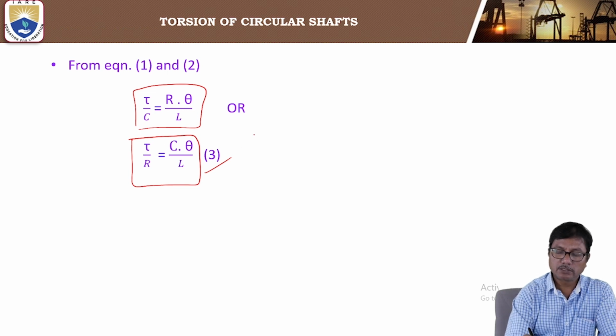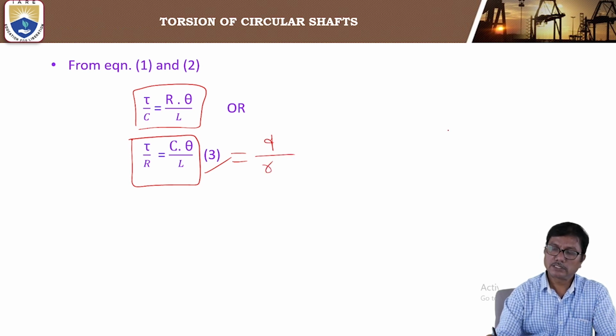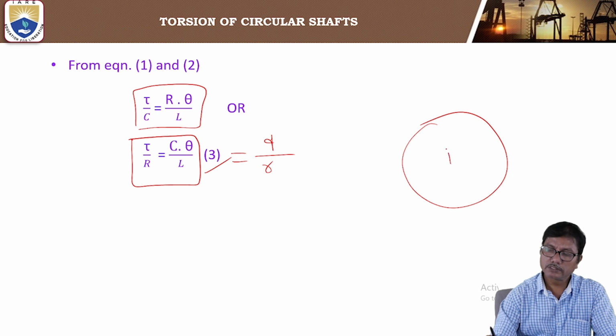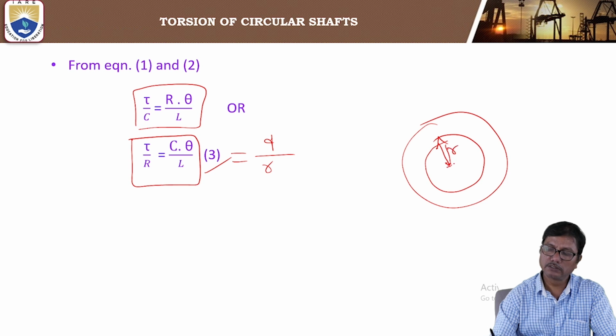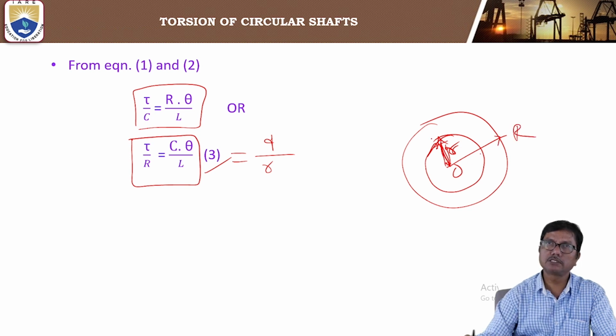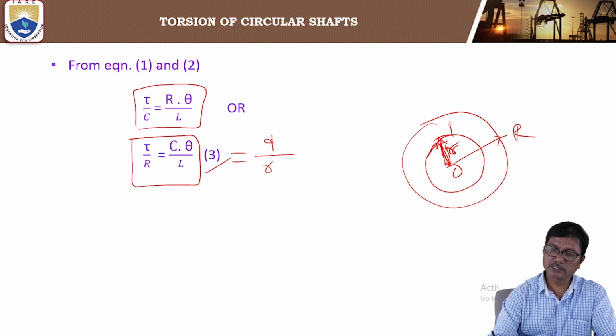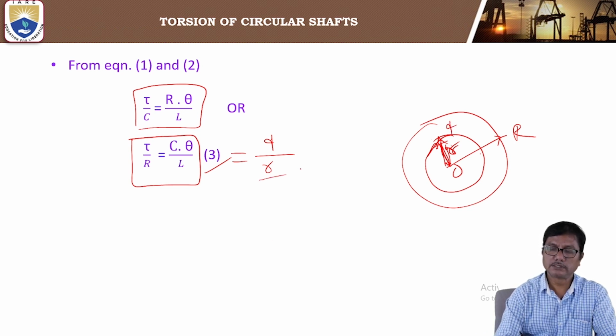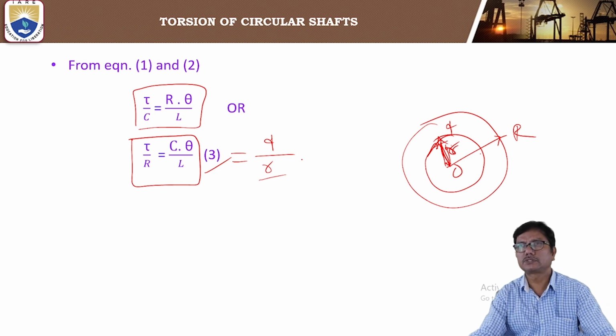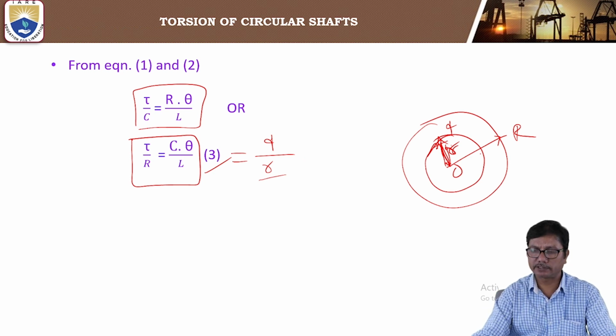This also can be equated to q by r, where q is the shear stress at any radial distance r from the center, and capital R is the radius of the shaft. Here the shear stress varies with the distance from the axis.